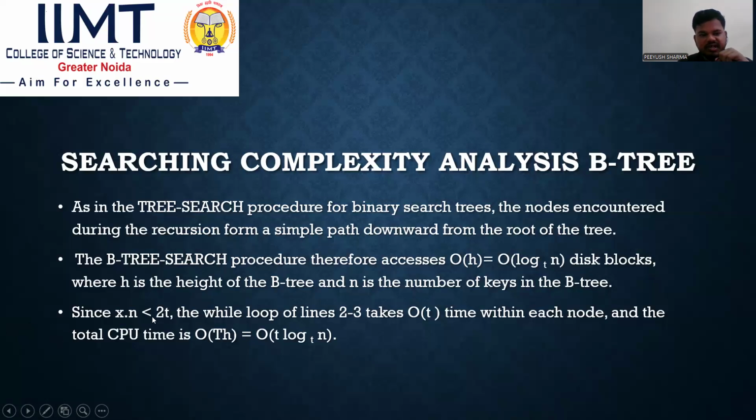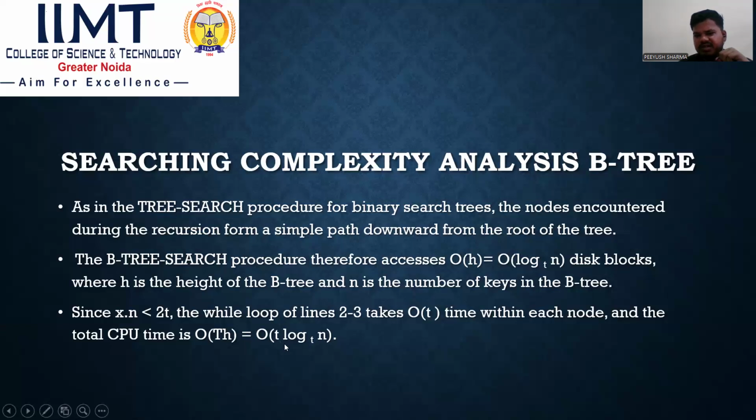Now since x.n is less than 2t, the while loop of lines 2 to 3 takes order of t time per node, and the CPU time will be order of t times h, which is order of t log n base t.